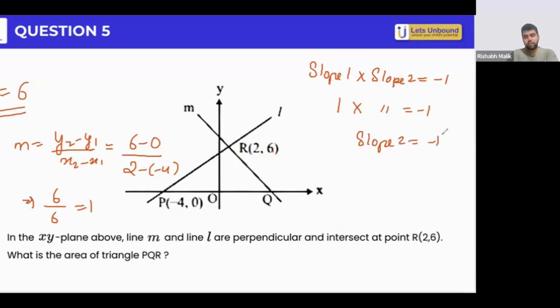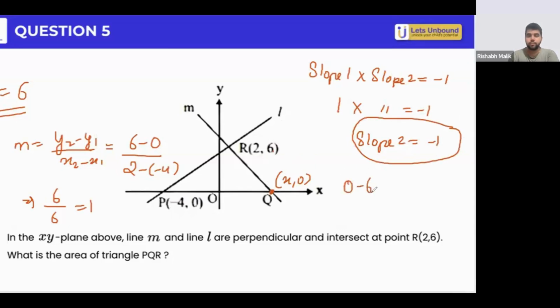Also, this point Q here is specifically placed on the x-axis, so it will be of the type x comma 0, because height is 0 at the x-axis. I can use the slope value here to relate these 2 points. Again, applying the same thing, y2 minus y1 over x2 minus x1 equals -1 in this case.